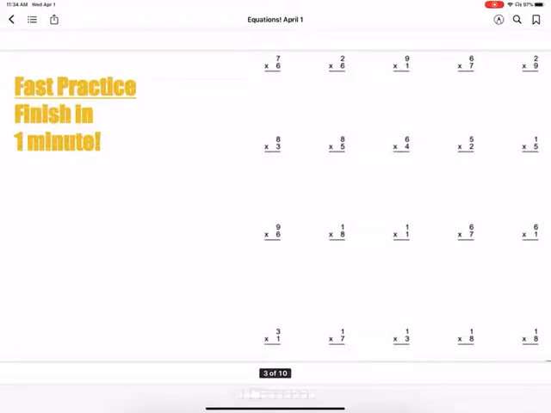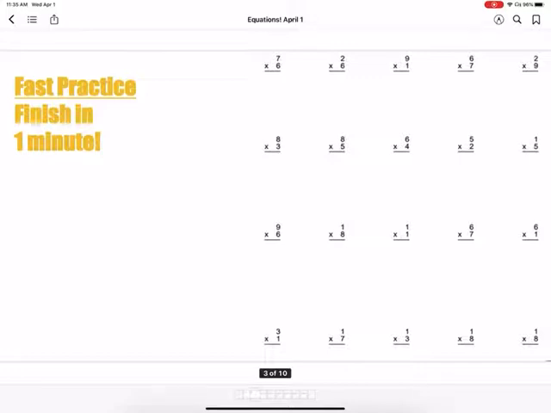I hope you're almost done. But remember, the goal is to finish as many as you can in this time. 15 seconds. 10. 5, 4, 3, 2, 1.